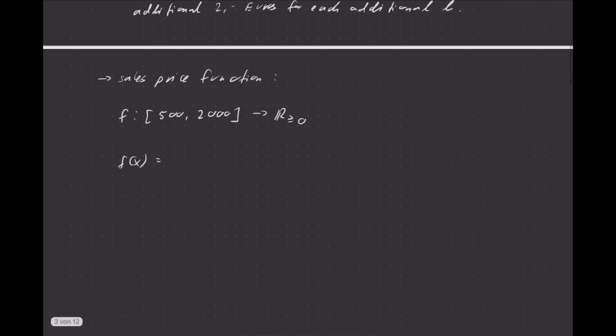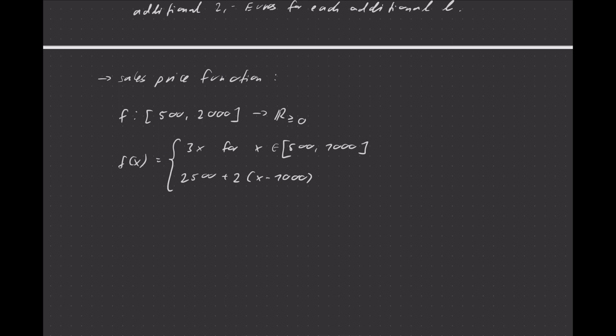quantity of the order. That is either 3x, so 3 euros per liter, if you order between 500 and 1,000 liters, and it's 2,500 plus 2 times, so that's the fixed amount, 2,500 for the first 1,000 liters, and then we charge 2 euros per additional liter, so we need to multiply this by x minus 1,000.